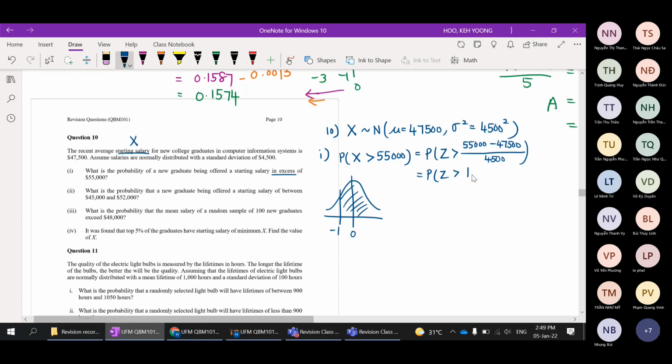It should be 1.67; -1 is the previous question. It's 1.67, so my graph is wrong. The mean is always 0, so 1.67.